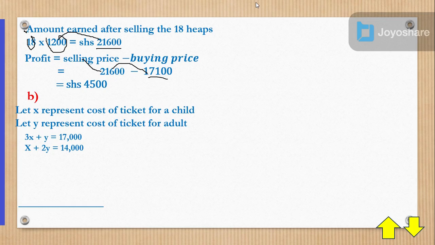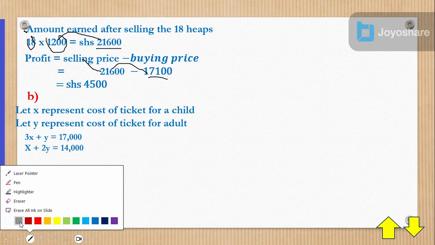Okay, now let's proceed. So you realize that from the question, the number of children was 3 when they went with their uncle.